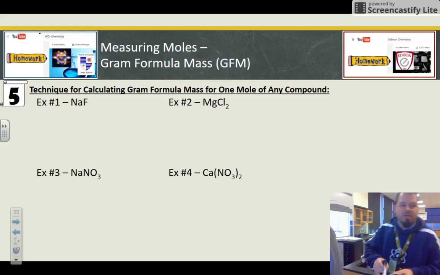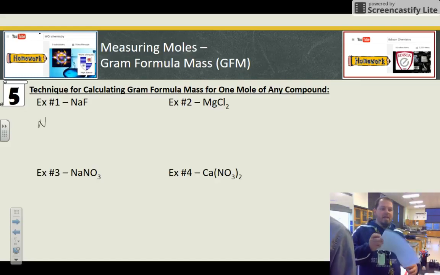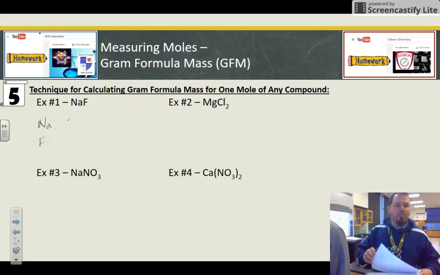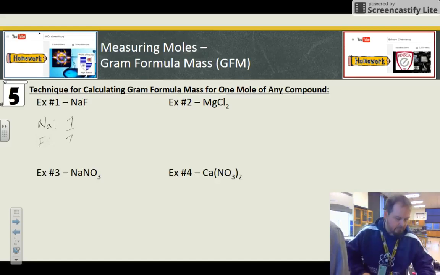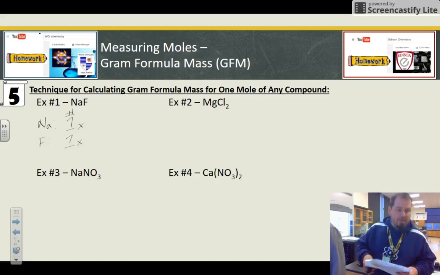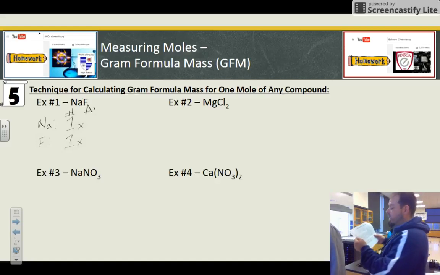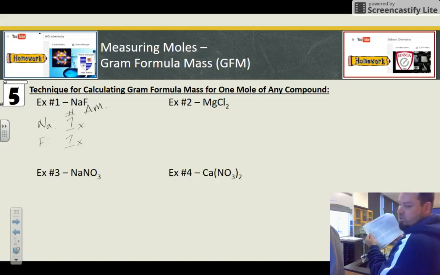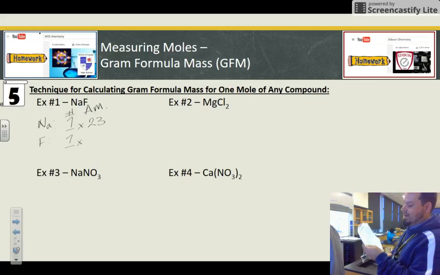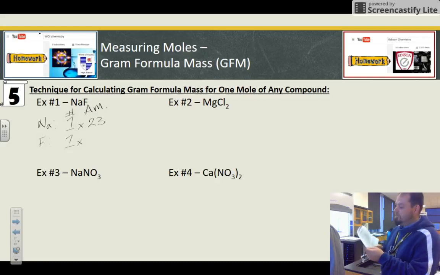All right, example number 1. We need to be able to count our atoms. So how many Na and how many F? And how many of each do you see, Mr. Monaco? I counted 1. There's 1 of each. And I'm looking up on a reference table that the mass of Na is 23. I'm rounding that up from 22.98997. Let's be honest, that's 23.